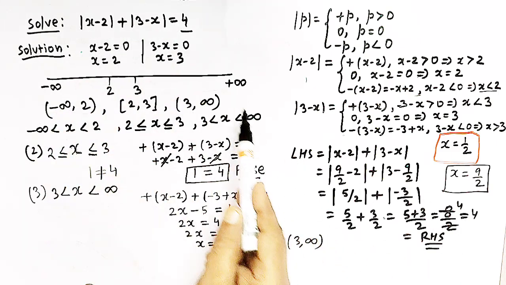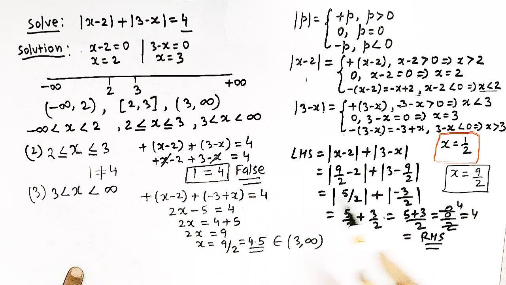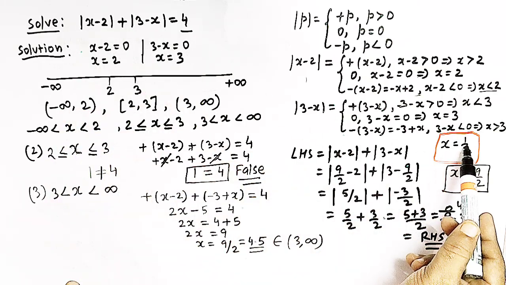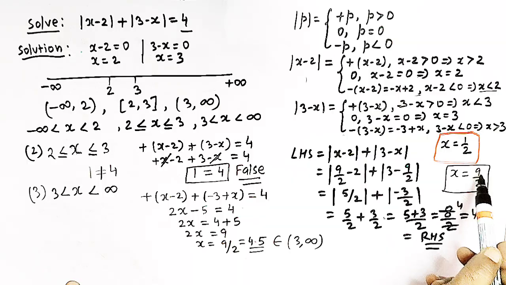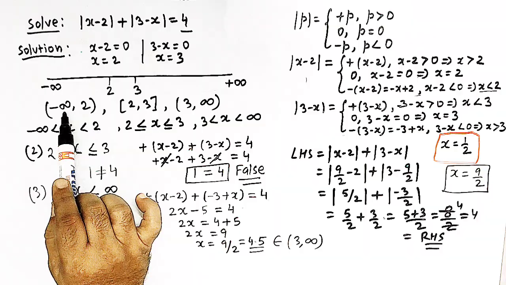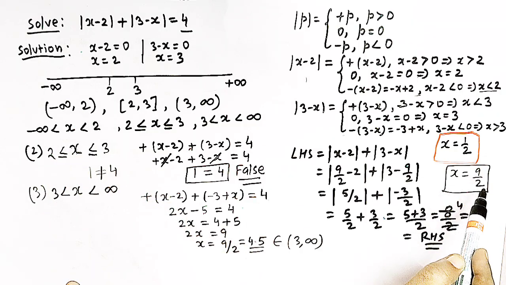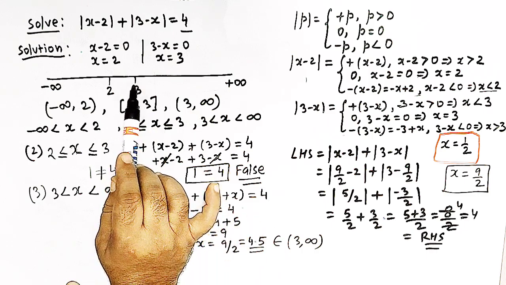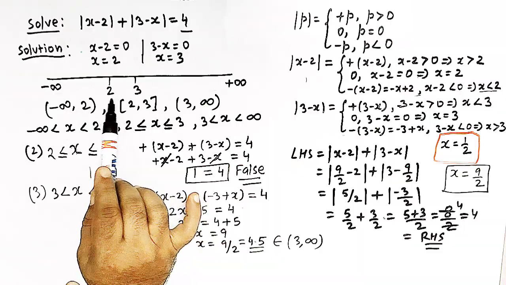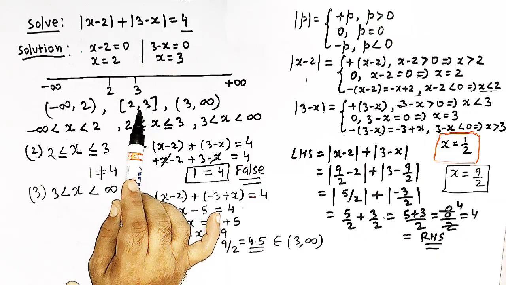So here by using this method of intervals, we have arrived at two solutions of this equation, that is x is equal to half and x is equal to 9 over 2, and x is equal to half, it falls in this interval minus infinity to 2, and x is equal to 9 over 2, it falls in the interval that is 3 to infinity, and no solution exists in this closed interval that is 2 to 3, right?